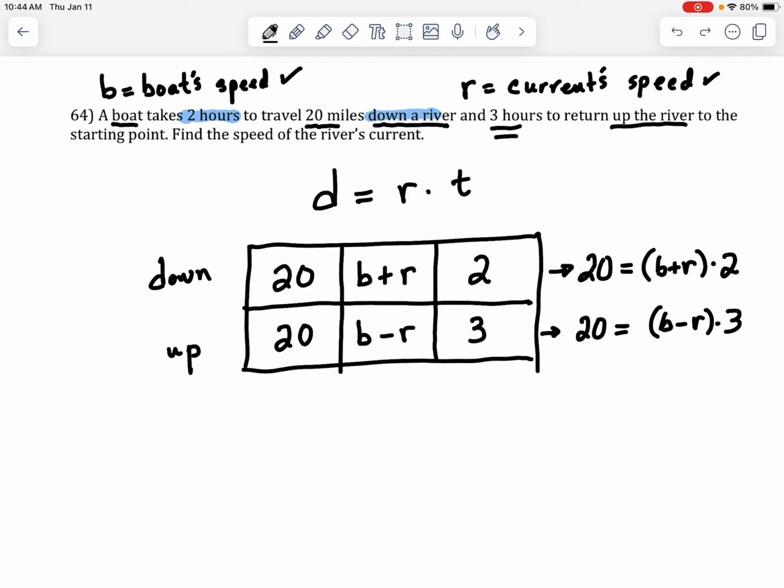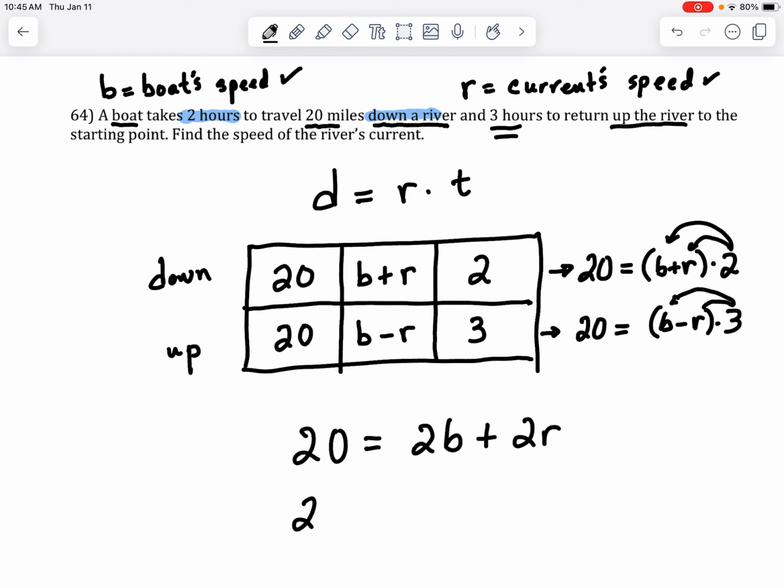So in this case, I'm just going to go ahead and distribute the 2 for the first one. So the top equation will become 20 equals 2b plus 2r. And for the bottom one, distribute the 3. So this bottom equation will become 20 equals 3b minus 3r.